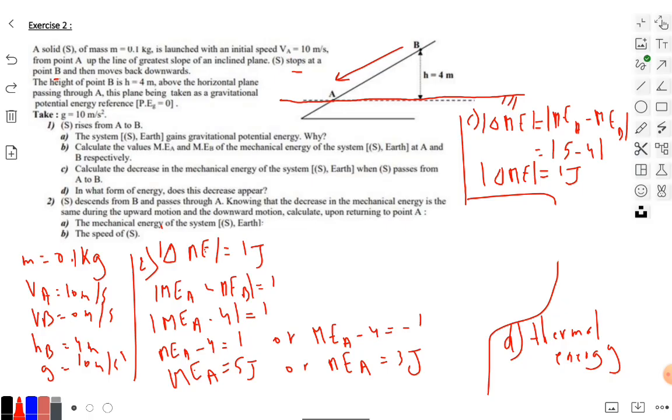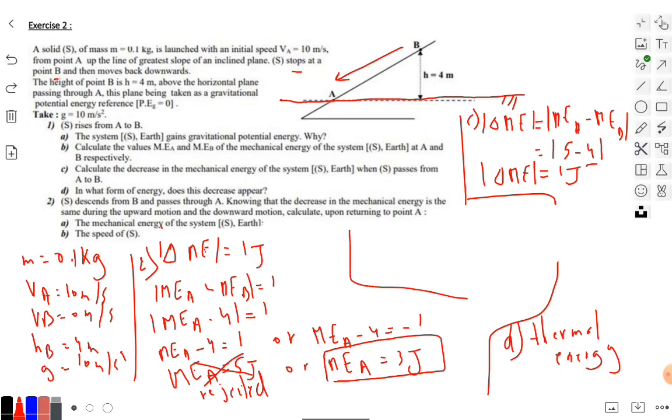So ME at A equal to 5 joules is rejected, since 5 joules is greater than 4 joules at point B. So the mechanical energy in this case at A equals 3 joules.